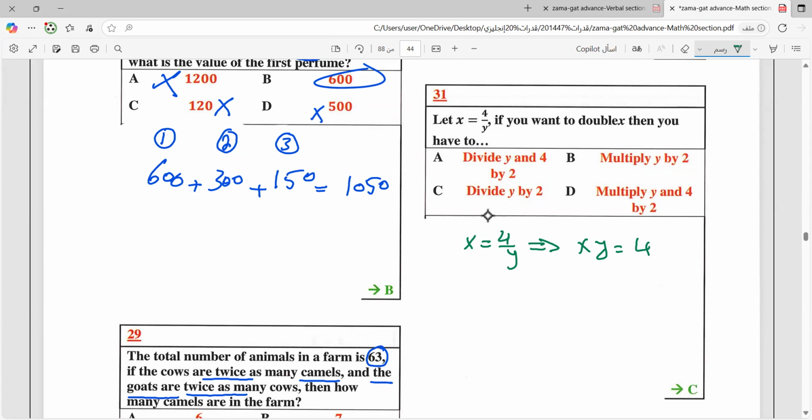Then what happens, if you put divided by 2 here, and you put this here too, because it says double x, this is double x. So double x, then we divide y by what? By 2. So the answer is C. So if you want to double x, we multiply by 2, so y divided by 2. So the answer is C.